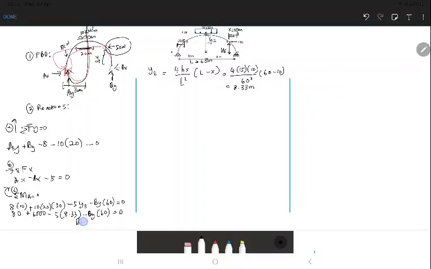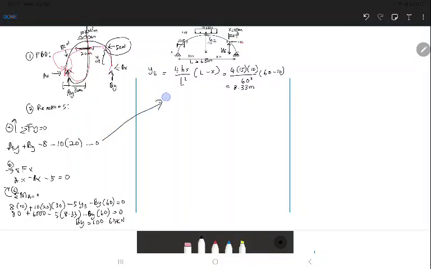So you calculate, and then you got By is equal to 100.64 kilonewton. Okay, you got By, and then next you have to solve for this equation.